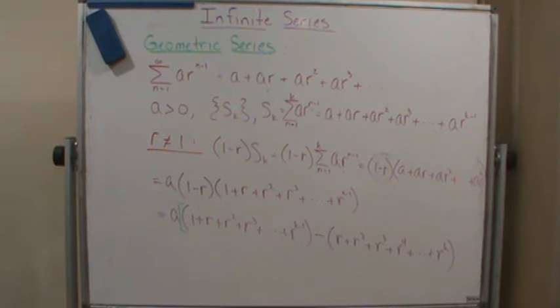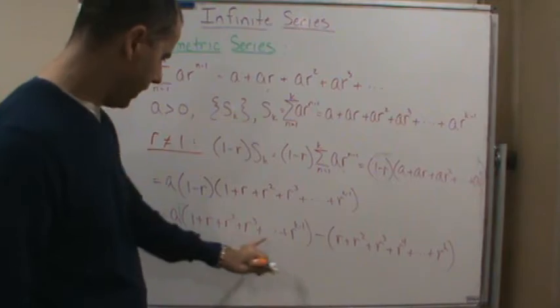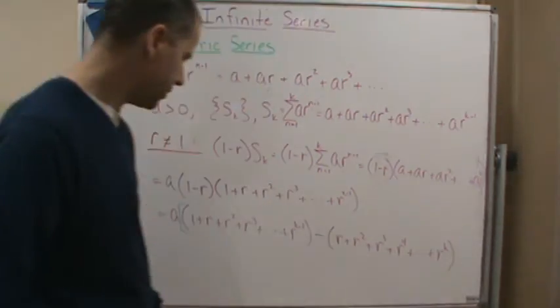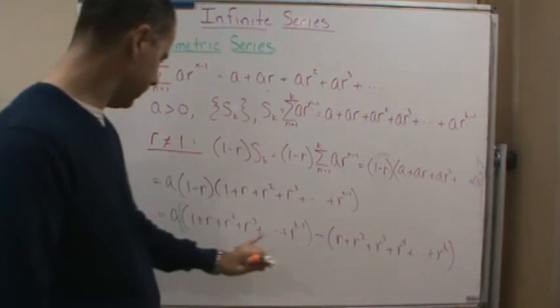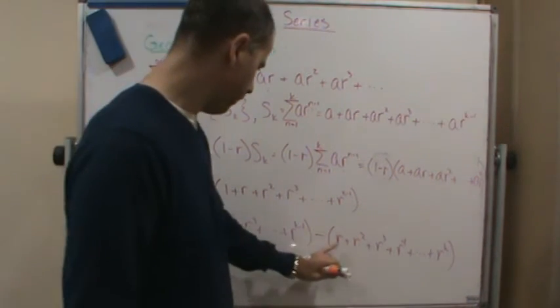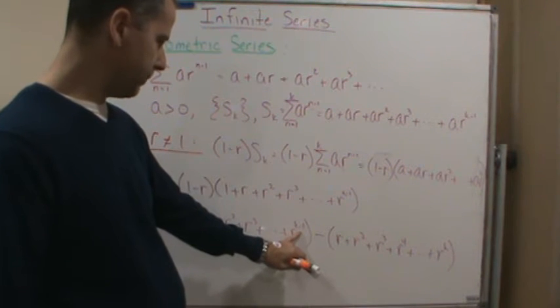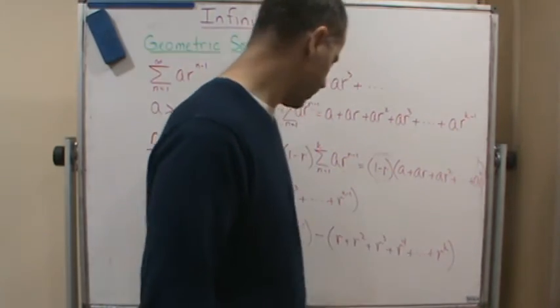Now notice here that because I'm subtracting this whole thing, all of these become subtractions, so I get R minus R squared minus R cubed all the way through R to the k minus 1, because there's a k minus 1 in here as well.